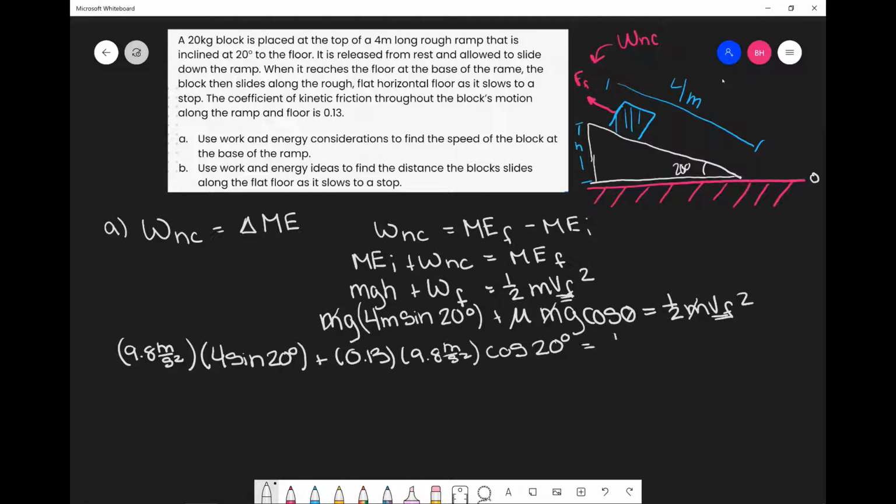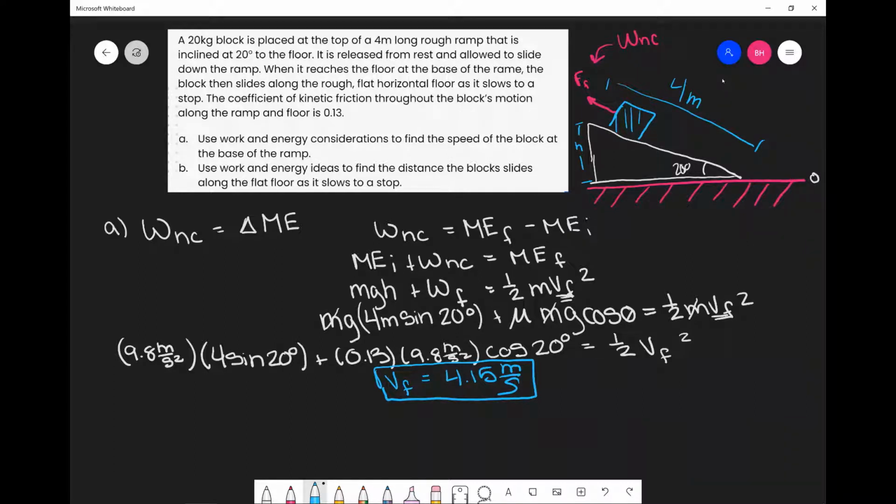This is going to be equal to 1/2 v final squared. And we want to rearrange and solve for our v final. What we end up getting when we solve is that our v final is equal to 4.15 meters per second. And so that is going to be the speed when it is at the bottom of the block.